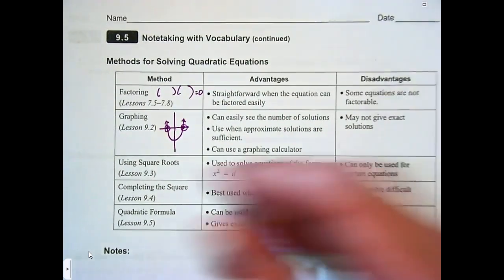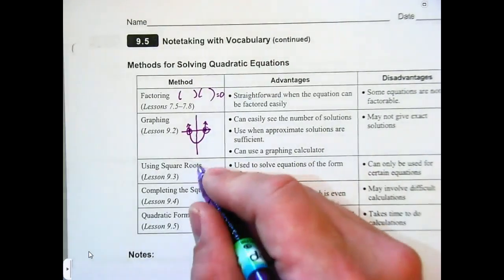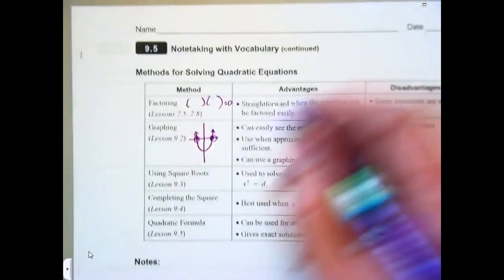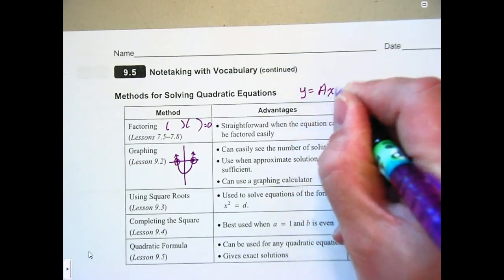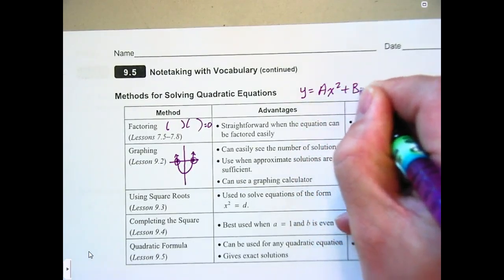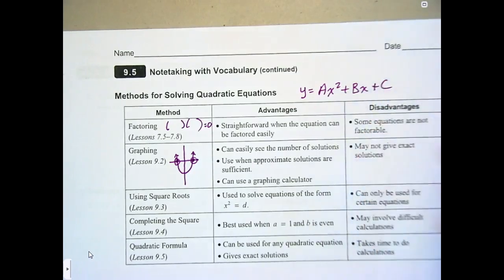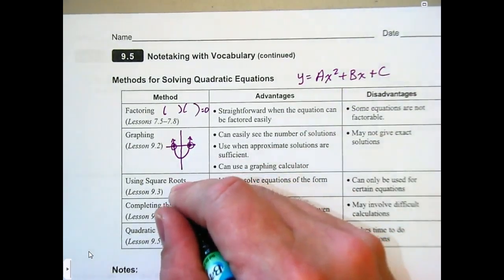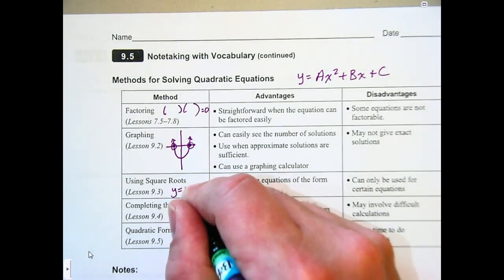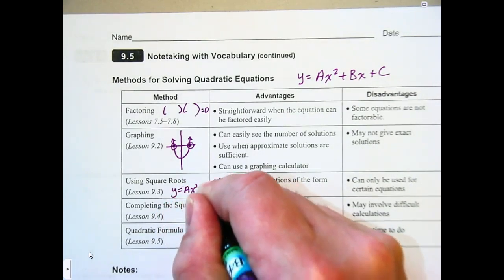Square roots. Square roots are helpful when you do not have a middle term. So if you think of your standard form of a quadratic equation, ax squared plus bx plus c, when you are without the b term, it's very useful to just use square roots, if you just have ax squared plus c.